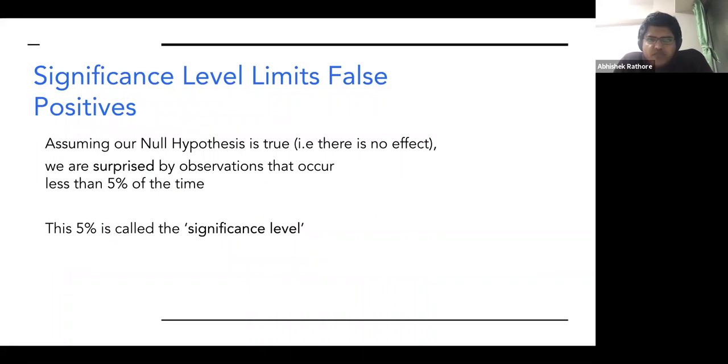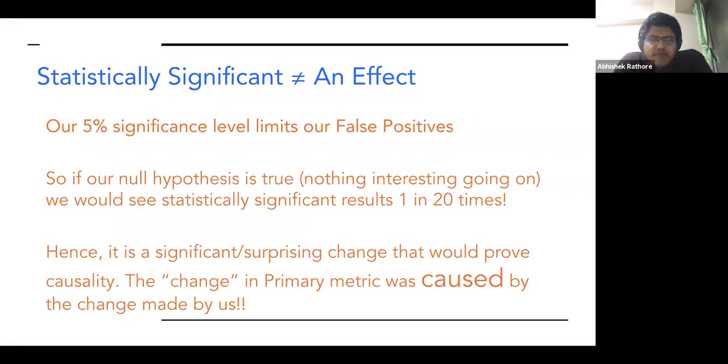So to avoid false positives, we have a concept called significance level. And in general scientific practice, we generally use 5% as the significance level. What it means is that if our null hypothesis is true, we would see a statistically significant result 1 in 20 times.